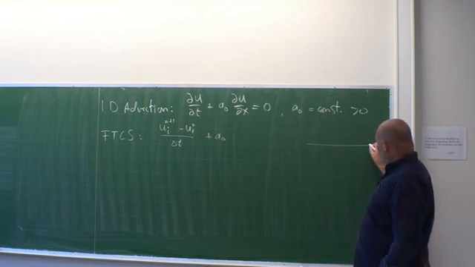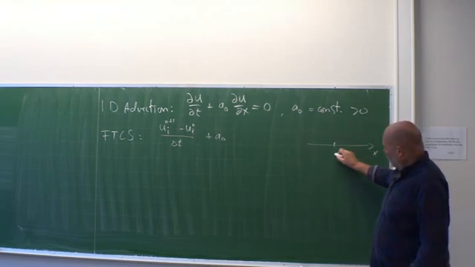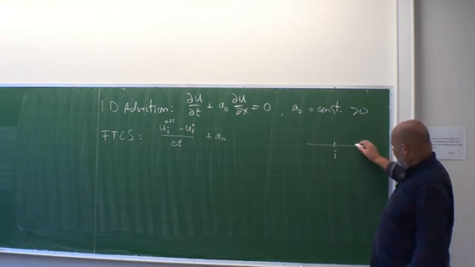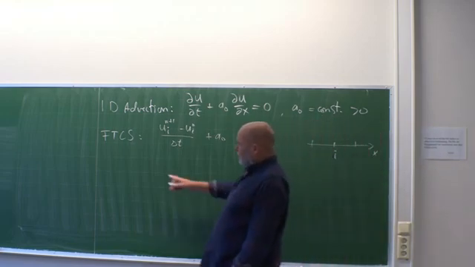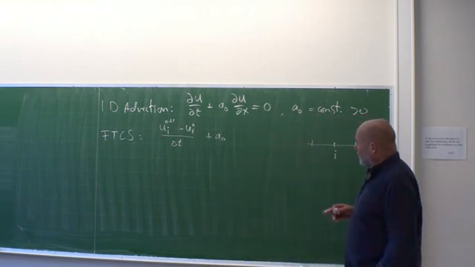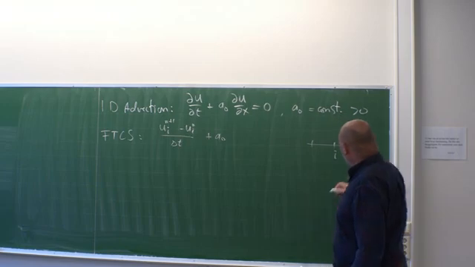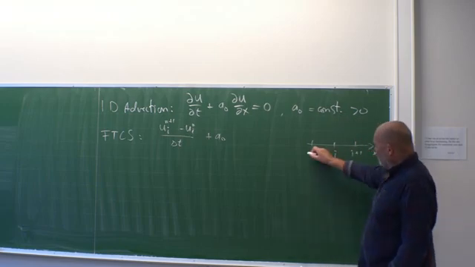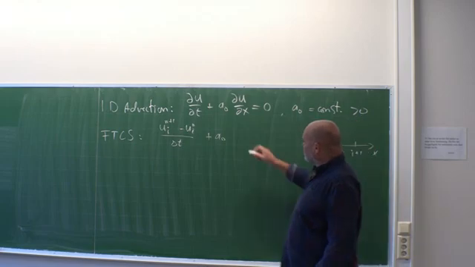So if this is my x, this is my point i. I'm going to use the neighbors. When you use a central scheme, it should be symmetric around the center point. So I create a first order derivative by taking i plus 1 and i minus 1.